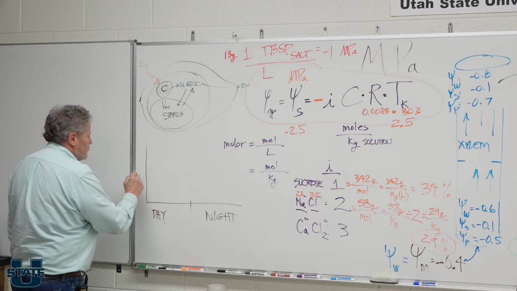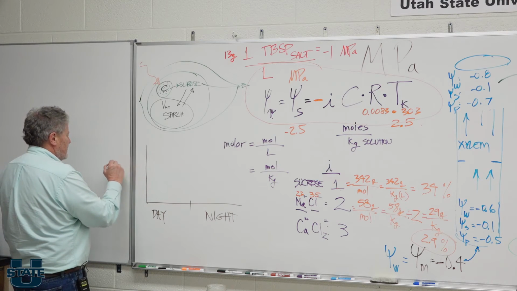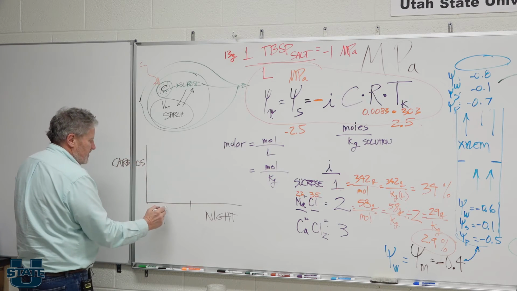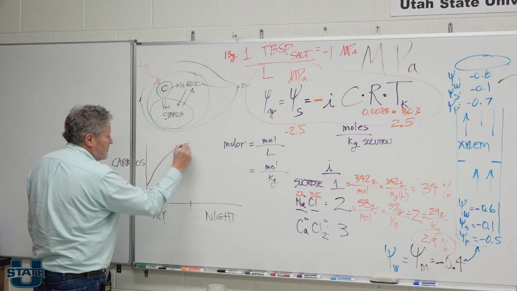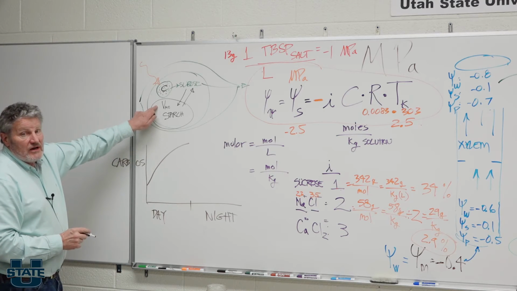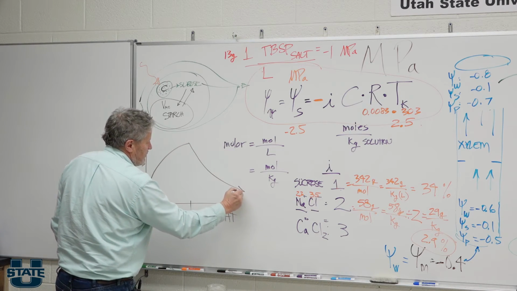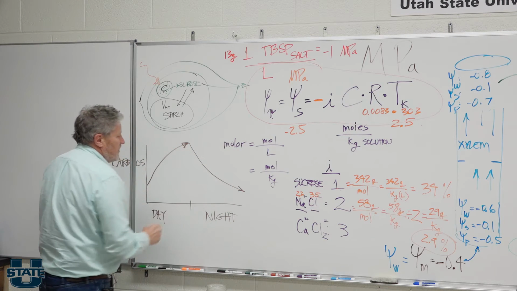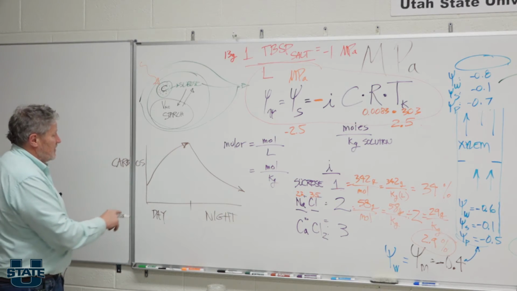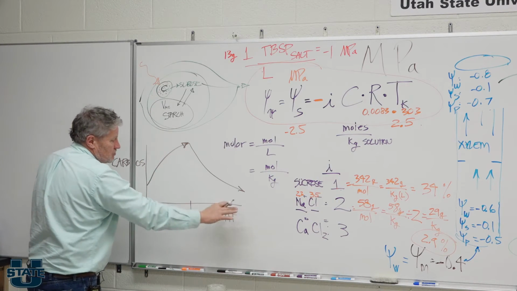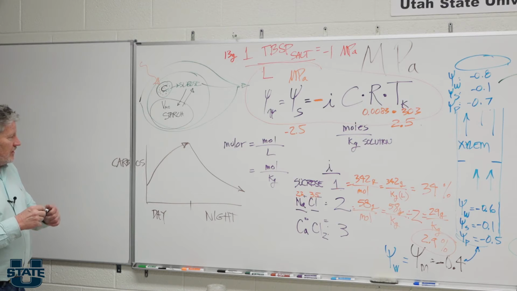And this is carbohydrates, carbos. Day, these build up. This is right here in the leaf. Night comes, they go down. So up and down. But this is both forms of carbohydrate. Some of this is sucrose, some of it's starch.